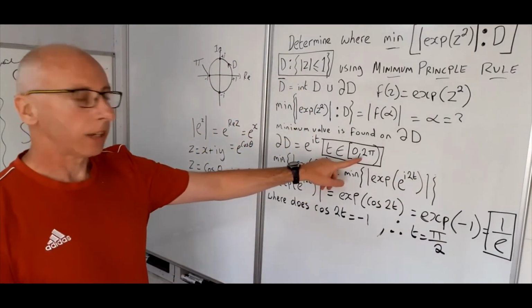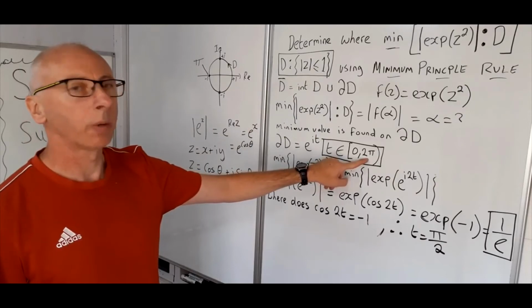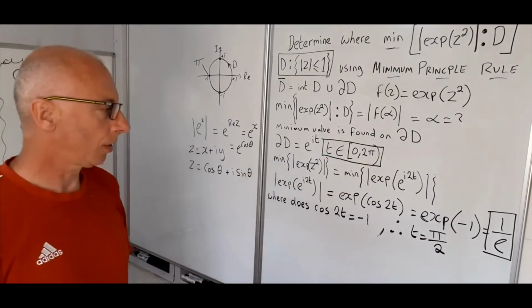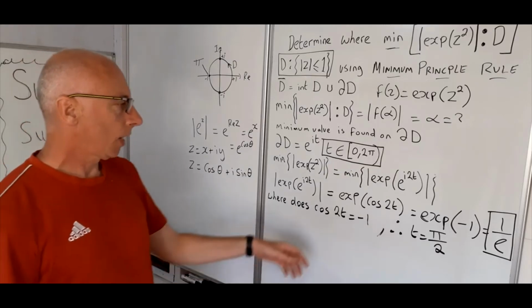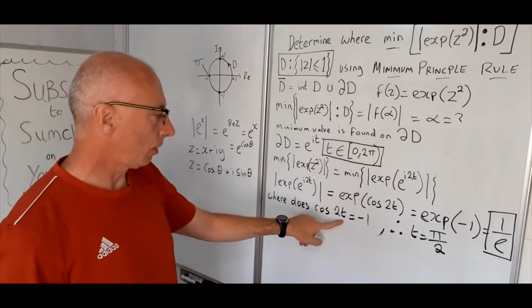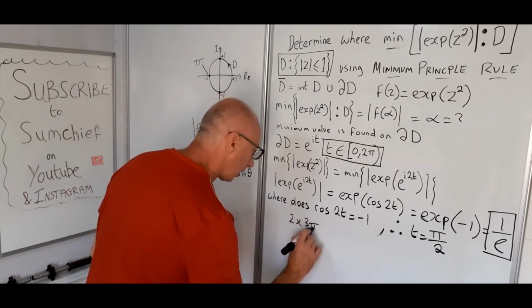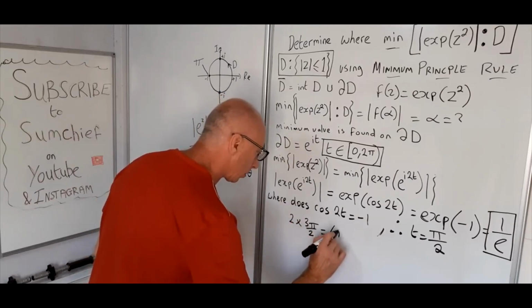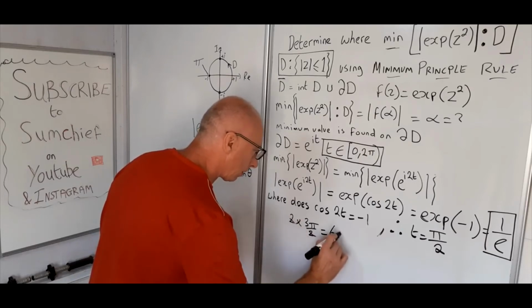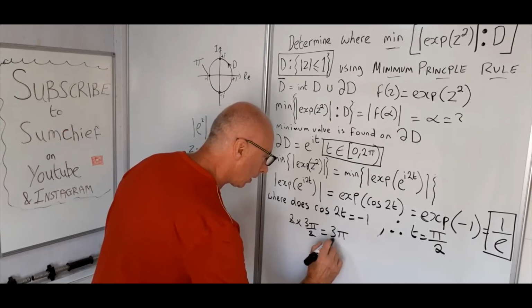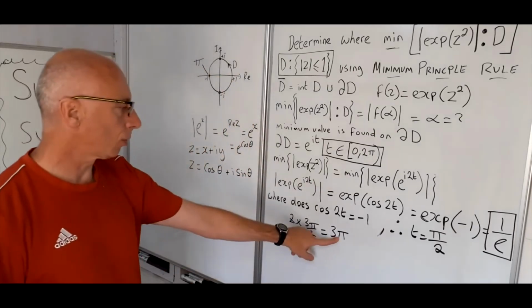And then looking at the set for t, it's in 0 to 2 pi, with 0 included but not 2 pi. So there might be another value in there. If we plug in 3 pi over 2, 2 times 3 pi over 2, cancel the 2's out, equals 3 pi.